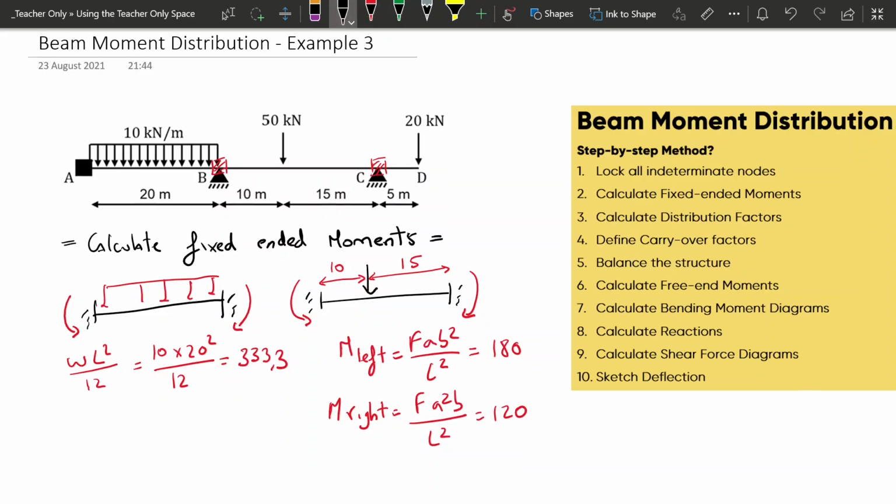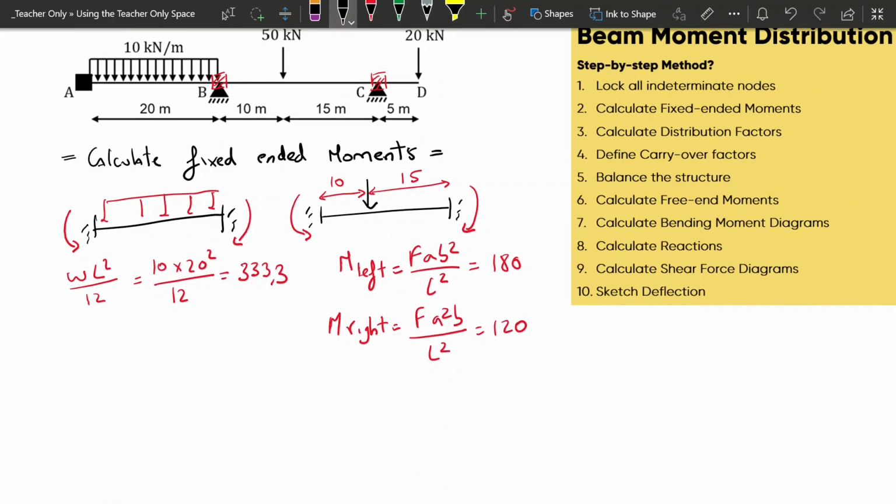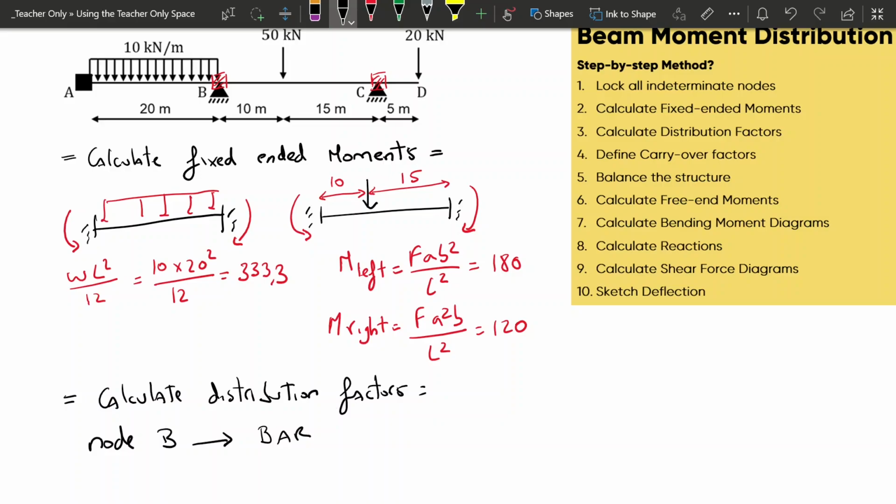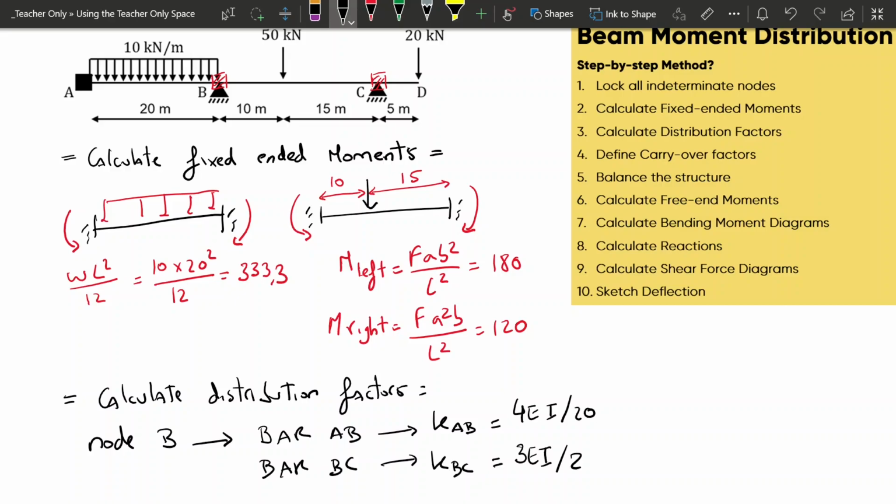We can now go to distribution factors. Since we only have B as the indeterminate node, we only need to do it for node B. So we need to consider bar AB and bar BC. The stiffness for AB is 4EI over L, since it's fixed. In this case, L is 20. For BC, we're not considering C to be fixed, so we're considering 3EI over 25.